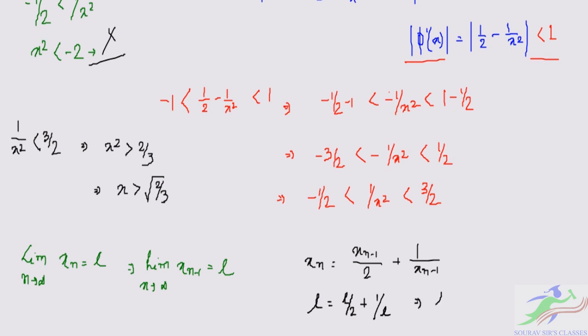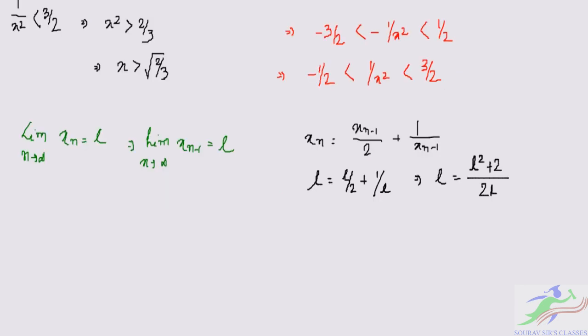From here we get L = (L square + 2) by 2L, or simply 2L square = L square + 2. So L square is equal to 2.